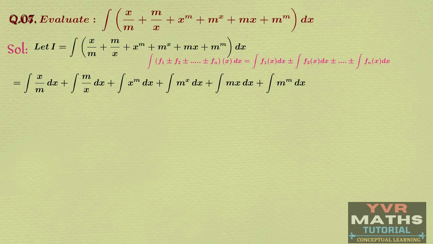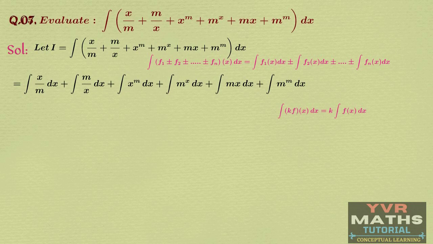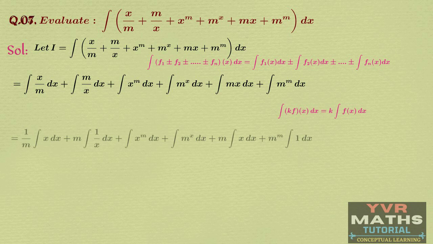By using one more property of indefinite integrals, this can be written as 1 by m into integral x dx. Second term, m into integral 1 by x dx. Third term as it is, fourth term as it is, and fifth term m into integral x dx. And in the last integral, m power m is constant, so m power m into integral 1 dx.